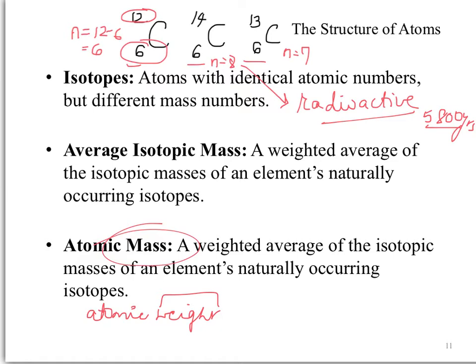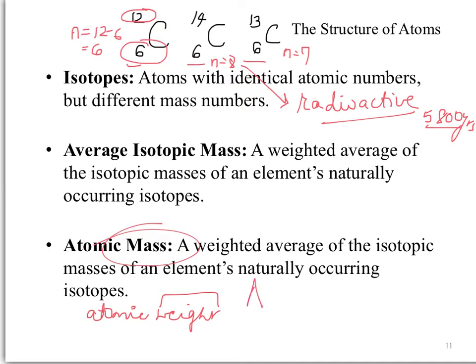Like I was trying to discuss with you, for the case of carbon, you have three isotopic units, and so what you'll do is you will look at the abundance of each of the three isotopes of carbon, and you will take a look at the mass of each of the isotopes, and when you put them together, that's how you get your atomic mass.